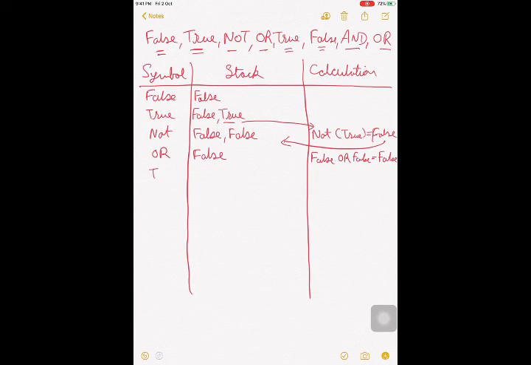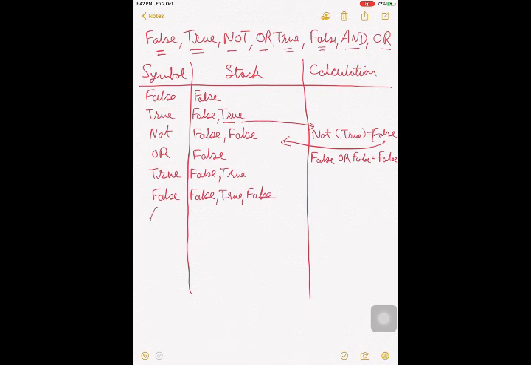Then we get true, so we have false, true. Then we again get false, so we have false, true, false. This is the position of the stack.